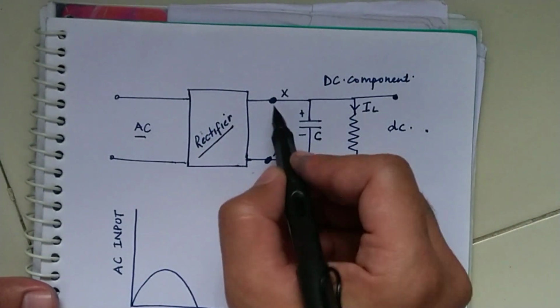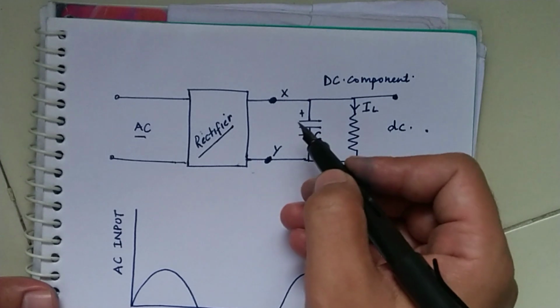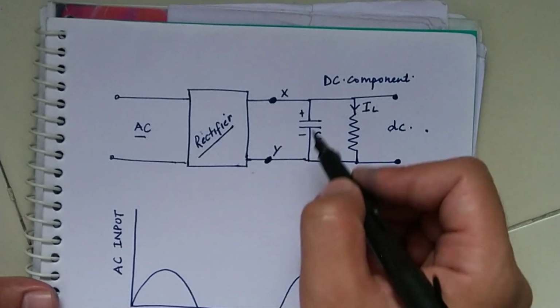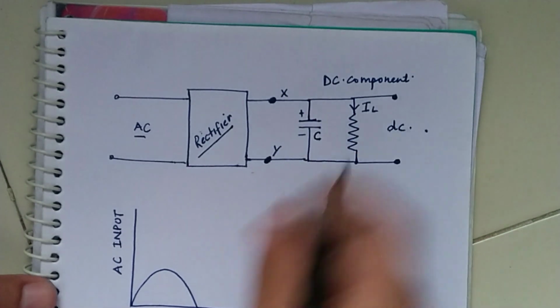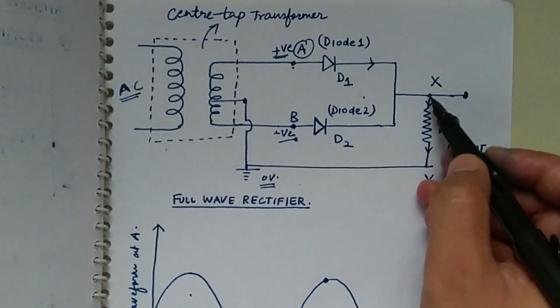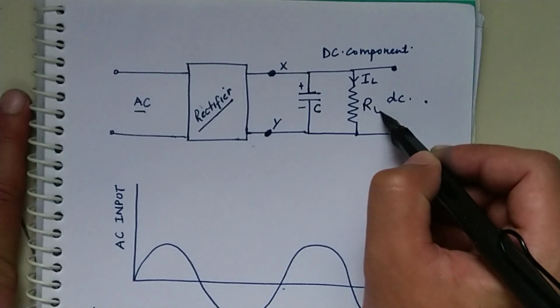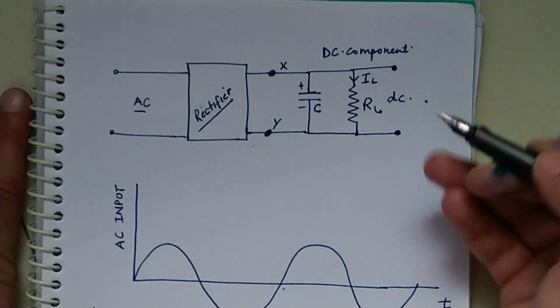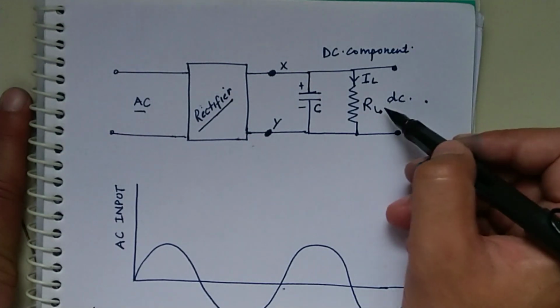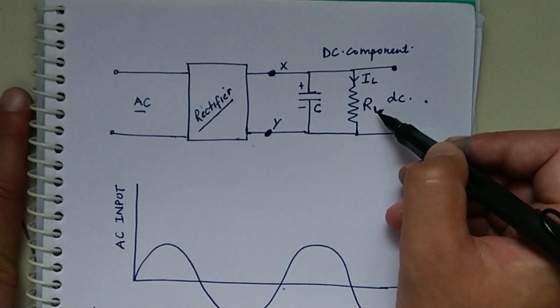Is that clear? So this is the XY terminal that we denoted in the previous design, that is here. This is X and Y, the same X and Y we are using here. Now this is RL, that is the load resistance. It could be any device across which we are providing the voltage.